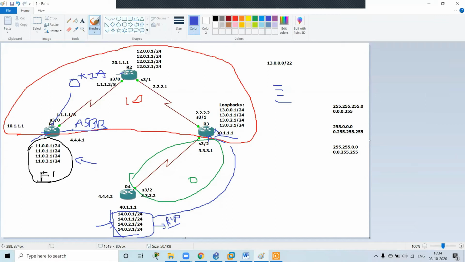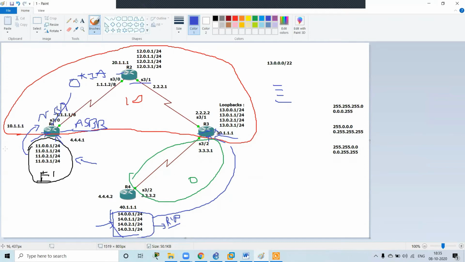What does NSSA tell me? That if I make any area as a stub area, and if that area is also having an ASBR router as my R1, then until I make it as NSSA, these routes will not be shared in any of the routers.